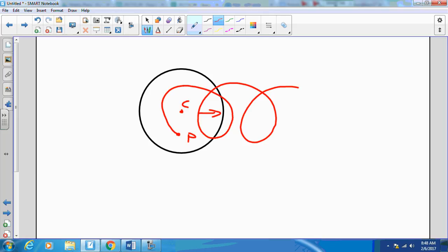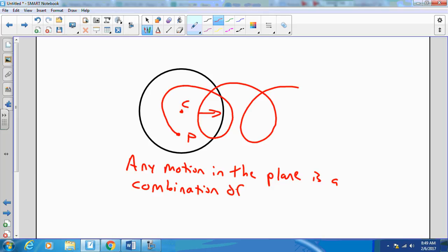And it turns out, if you think about this, it makes sense, that if you take any motion in the plane, you can describe that motion as a combination of translation and rotation.